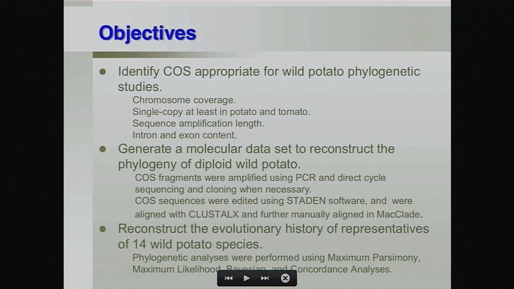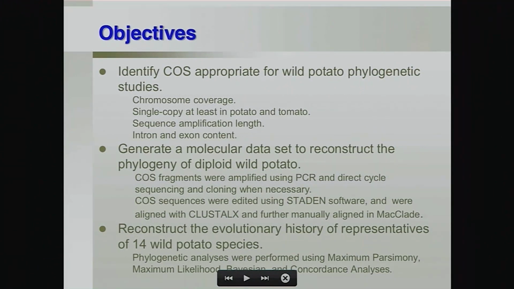So, in the case of diploids, we sequence 8 to 10 clones. In the case of tetraploids, we sequence 20. In the case of hexaploids, 40, okay? But you will see the problems with the cloning, okay?